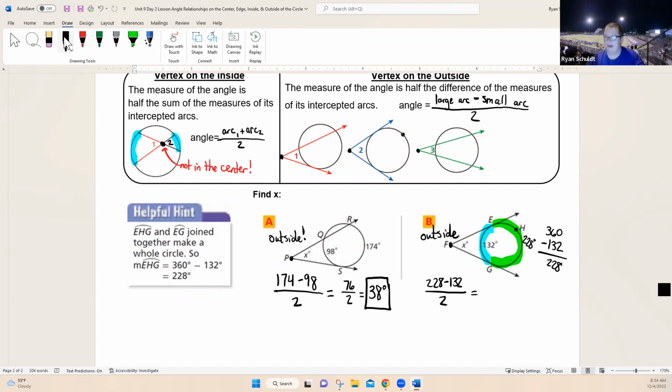That's going to get us 96 divided by 2, which is 48 degrees. That's what happens when the vertex is outside your circle.